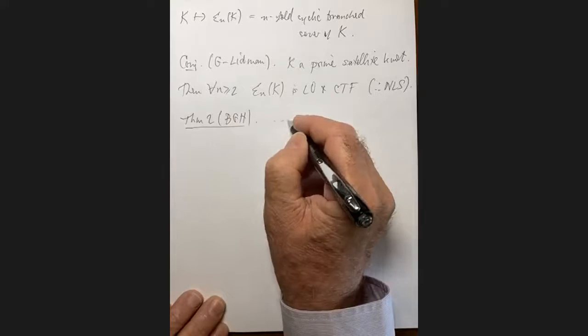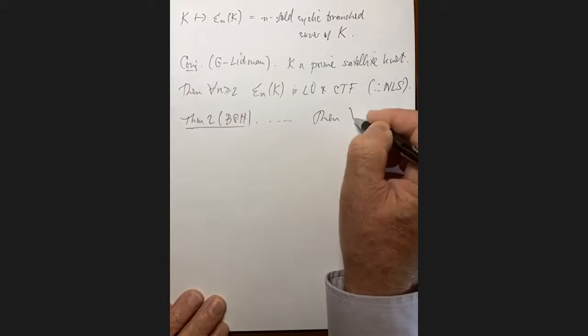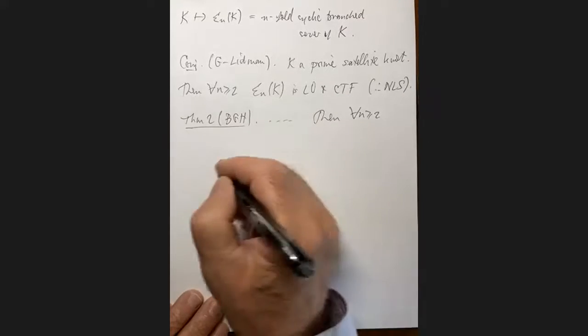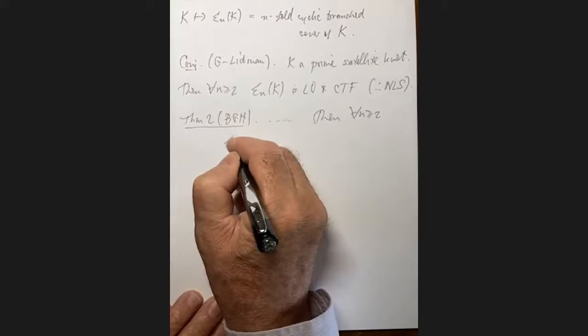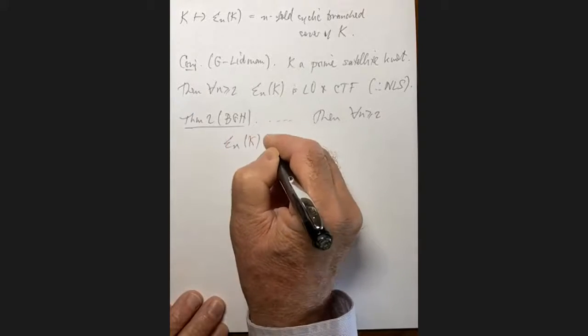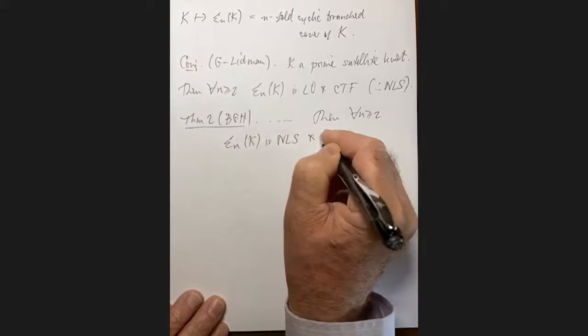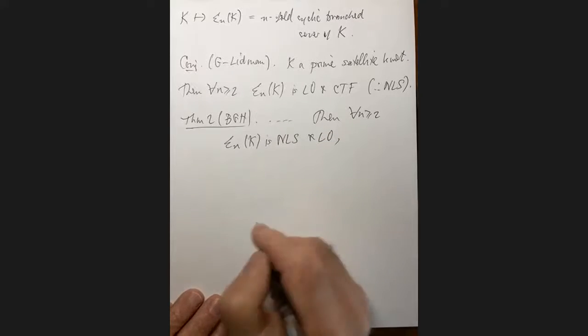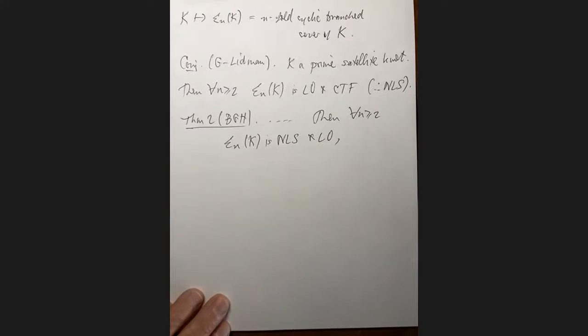Again, same hypothesis. Then the conclusion is that for all n greater than 2, at least Sigma_n(K), it is NLS and LO. And again, because the technology for CTF is lagging a little bit behind the others, because of this, well, we need this fibration condition.